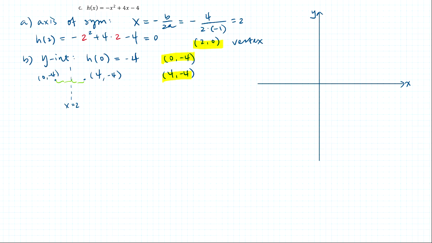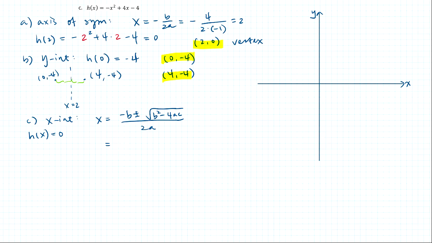And next, we want to move on to the x-intercept. For the x-intercept, we are going to use the quadratic formula to let h of x be equal to 0. So we get x equals negative b plus or minus the square root of b squared minus 4ac, all over 2a. We can directly use it because we want h of x to be equal to 0.